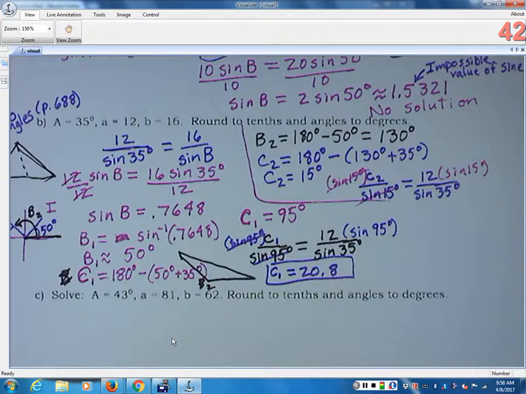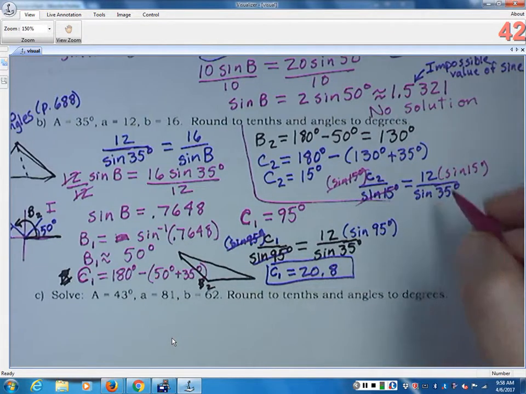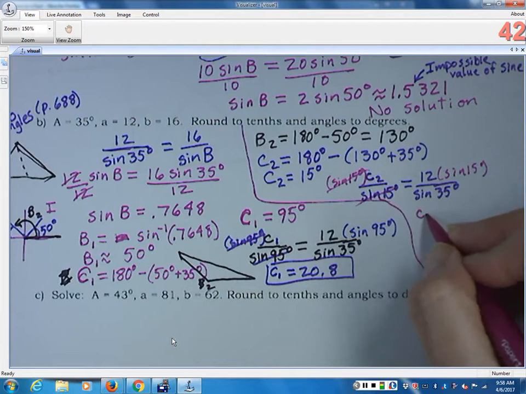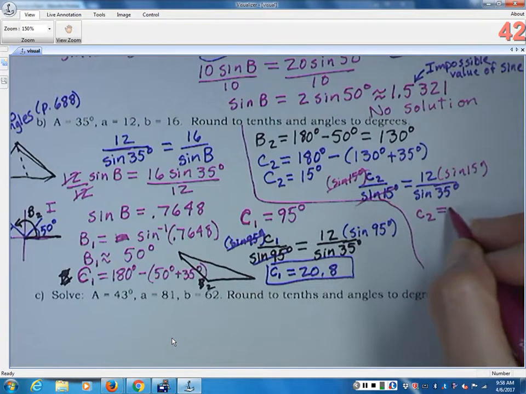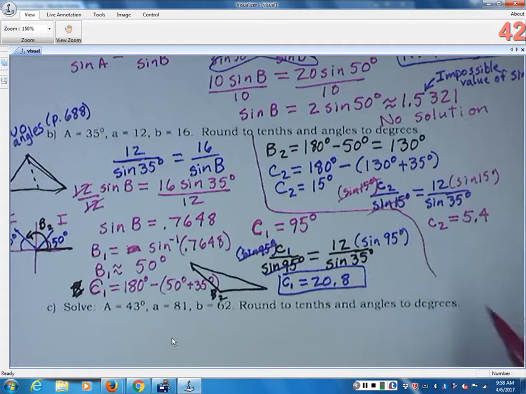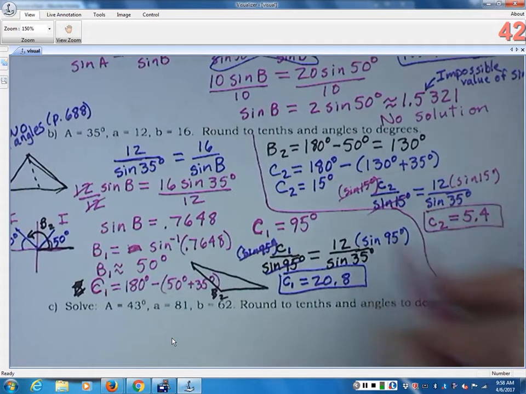Do that, and make sure you get it, but you should get small c2 equals 5.4. So those are your two triangles.